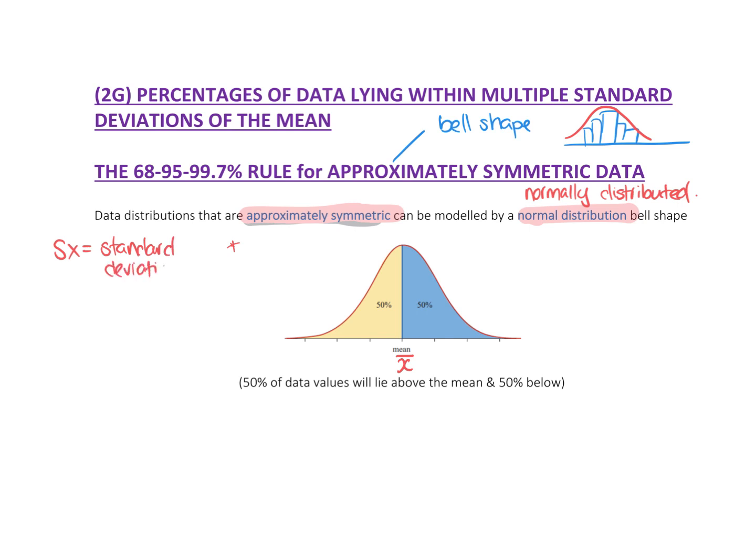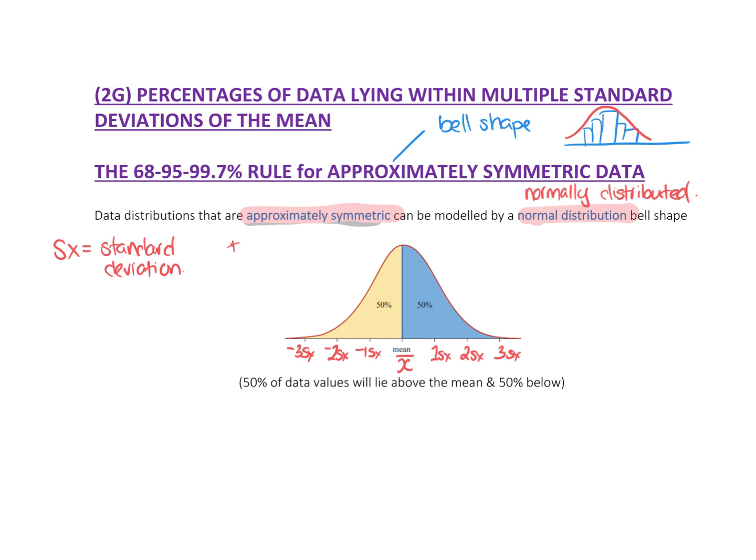So what this rule tells us is that we can add to the mean value 1 standard deviation, or we could add 2, or we could add 3. And we can also go minus 1 standard deviation, minus 2, and minus 3. Remember that standard deviation is an actual number, and so is the mean.